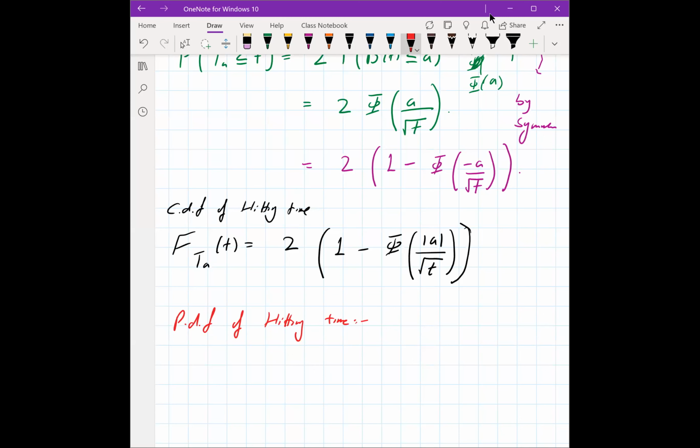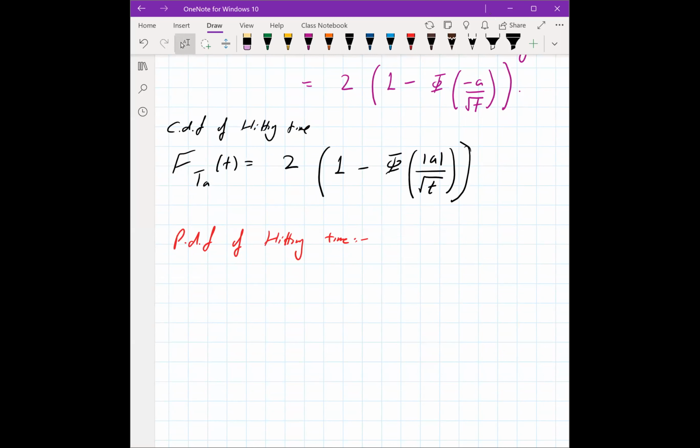And to get the PDF, you just differentiate and you get this.